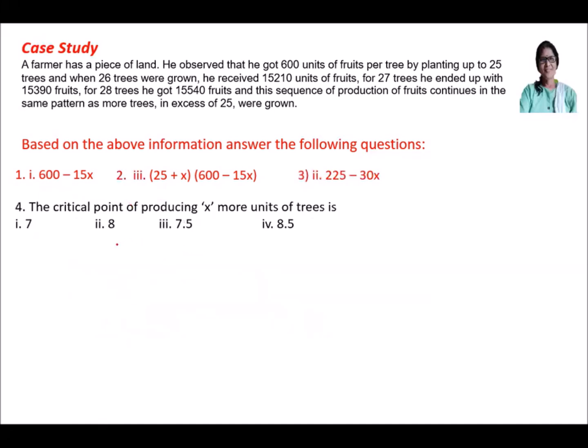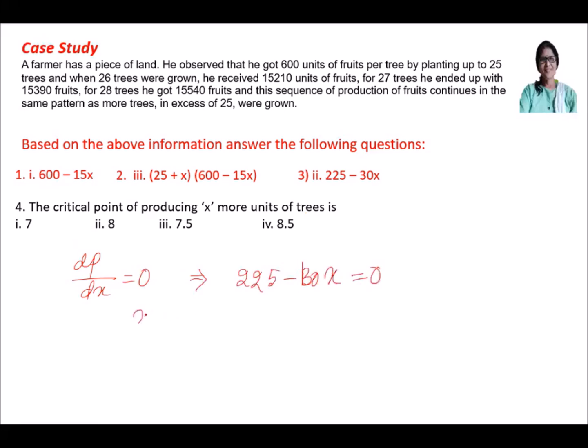Part 4. The critical point of producing x more units of trees. Critical point means where the value of x is such that dP by dx is 0. dP by dx is 0 means we got 225 minus 30x is 0.